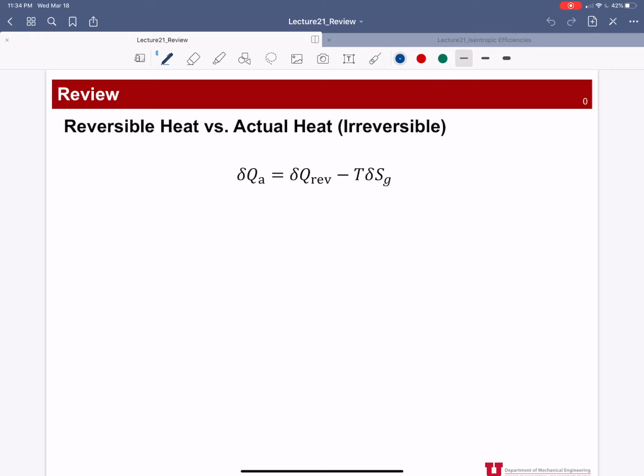But the important thing to remember is that the default sign of heat transfer, as we defined earlier, is positive when we think about heat transfer in.